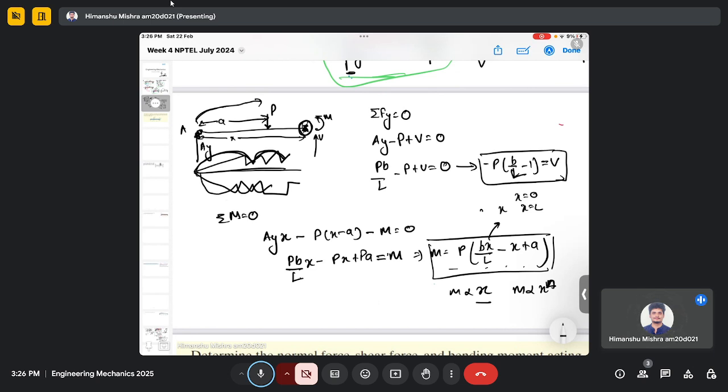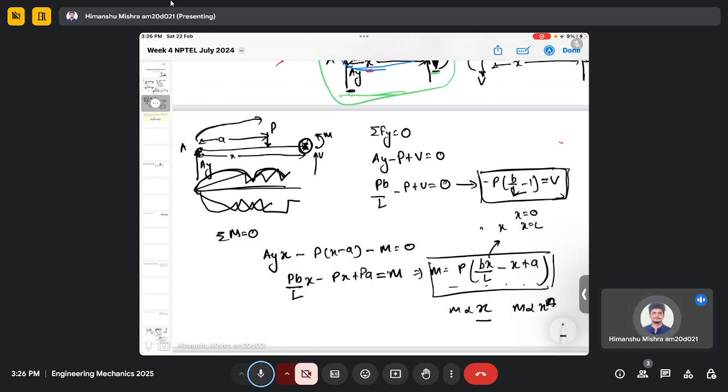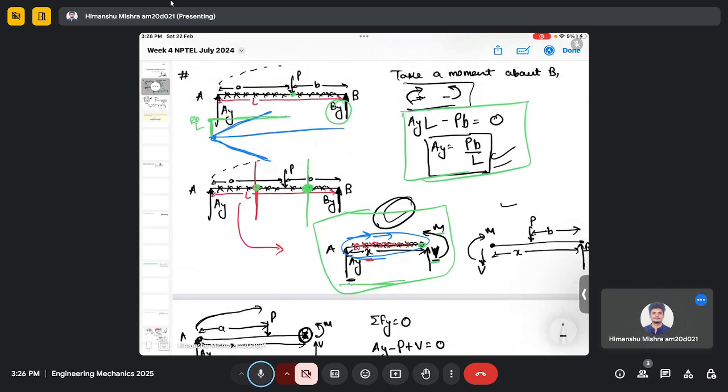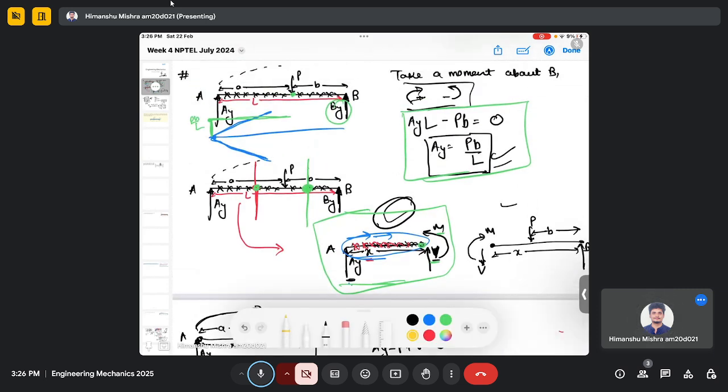And for the shear force, again you will get a constant. Earlier we got the shear force at this point, which was Pb by L. So it was a constant like this until this point.